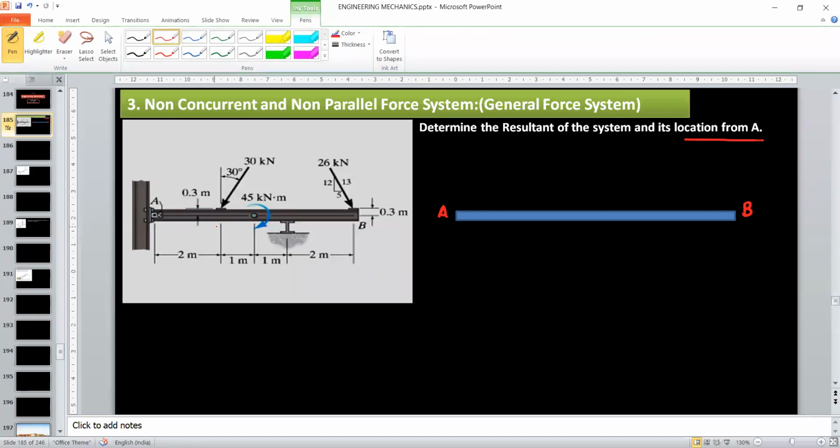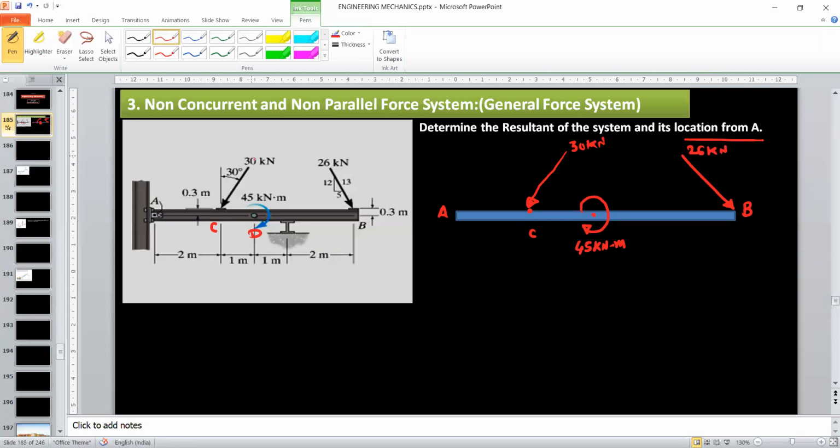Now you can take this point as point C, then this is point D. At point C, there is one force, so this is 30 kilonewton. Then at point D, there is a couple, so this is 45 kilonewton meter. And at point B, the force is 26.